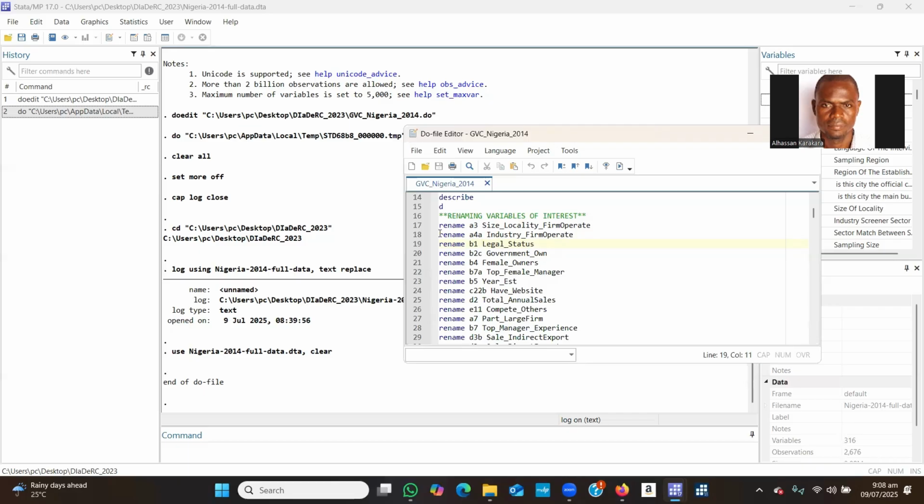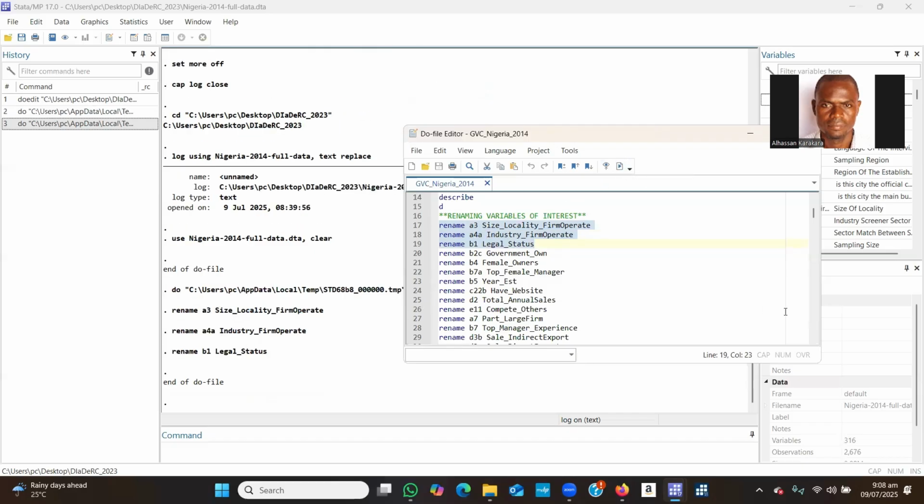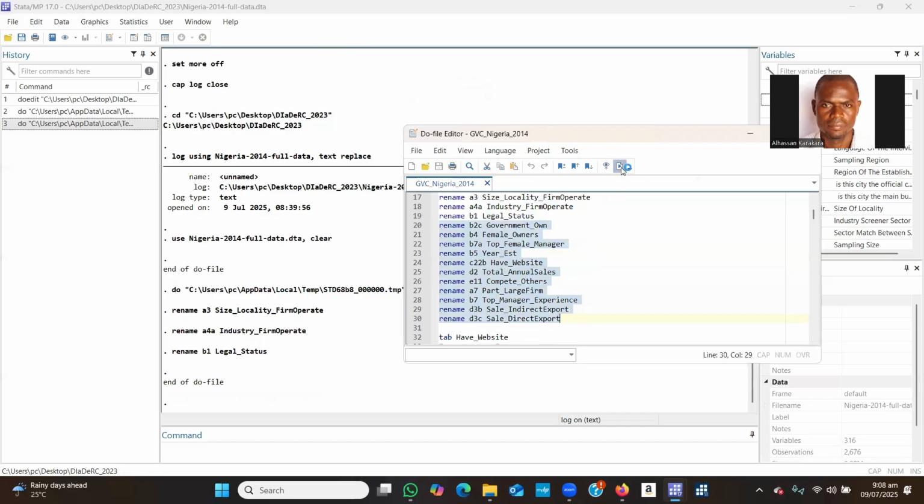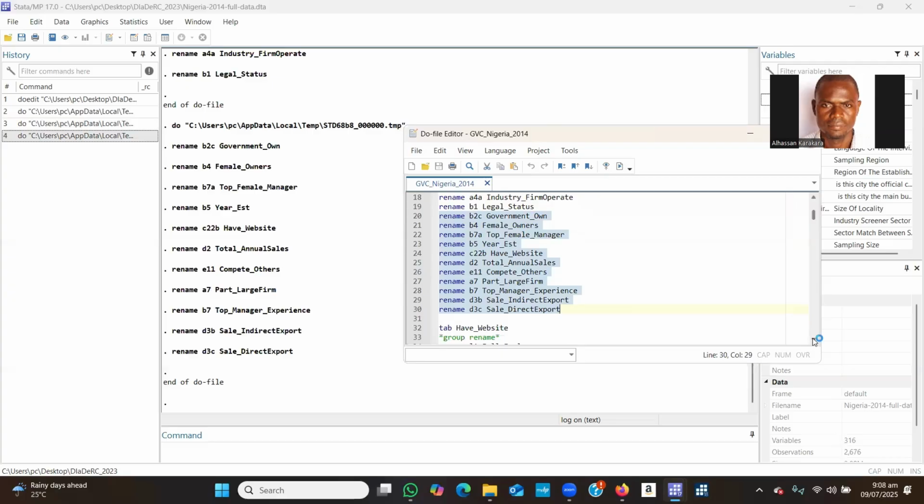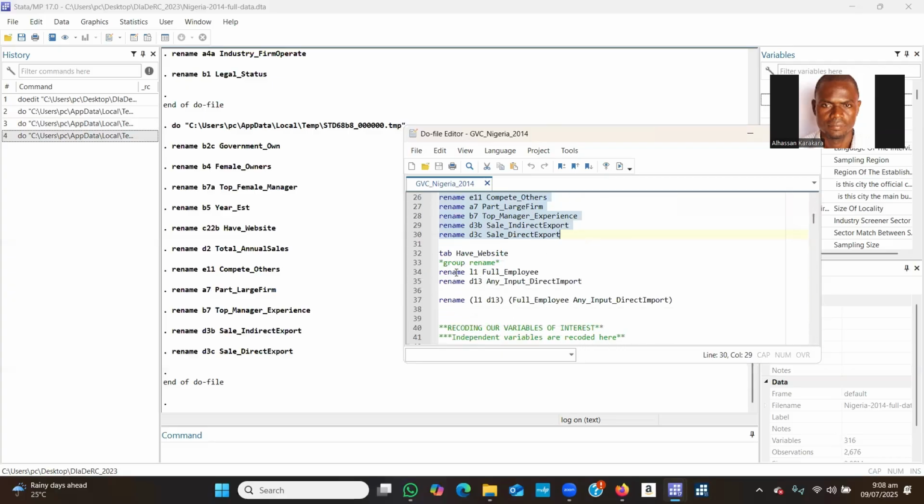So if you rename these variables at the go, you will see that Stata would have renamed them in the original data set. So either you rename one by one, as I have here with all my variables of interest, or you can decide to have a group rename. And the group rename is to type rename, then you bring in all the variables in the original data set, how they have been named, one after the other, in a bracket.